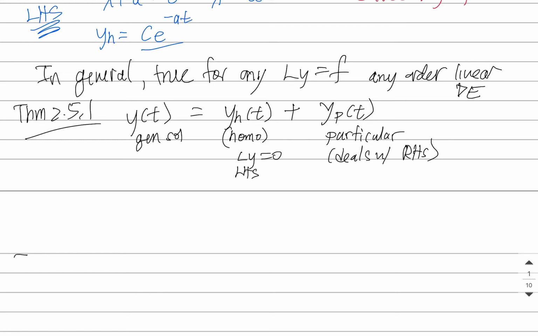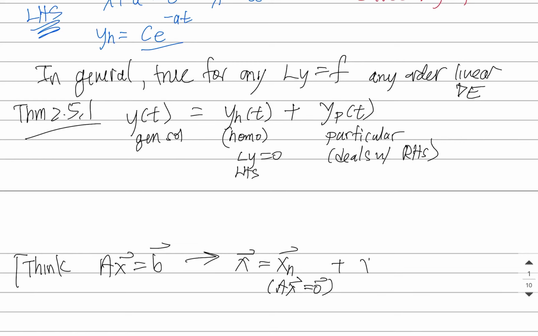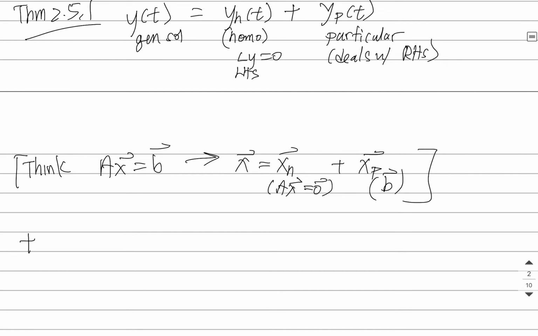Now, you should think of this like linear algebra. When you've got Ax equals b, your solution always had a homogeneous part, the part that was related to Ax equals 0, as well as the part that was dealing with the right-hand side, the b portion of it. So how do we solve Ly equals f?